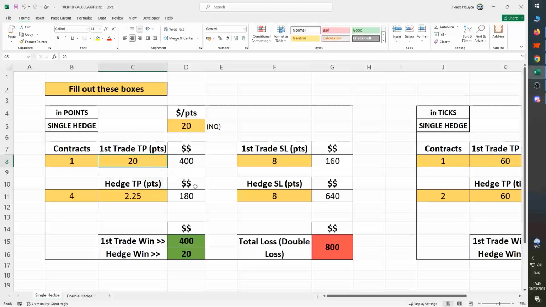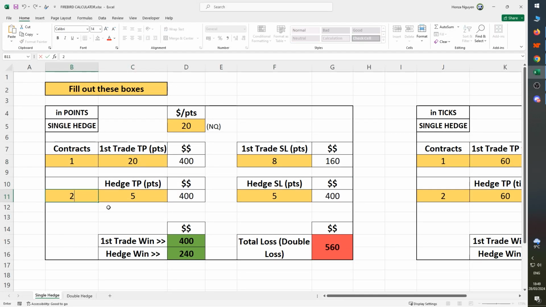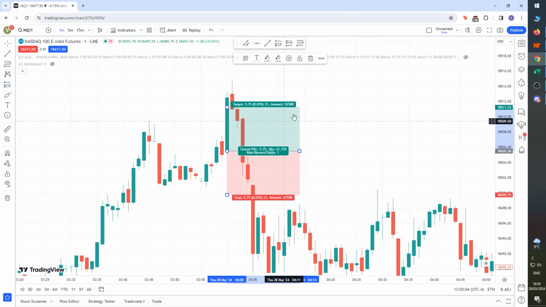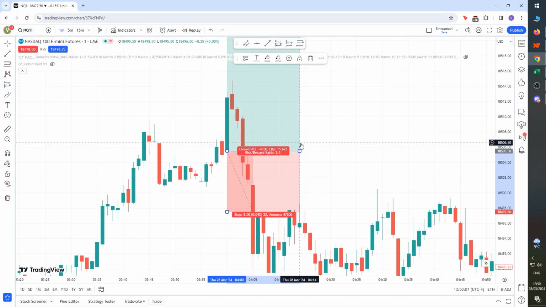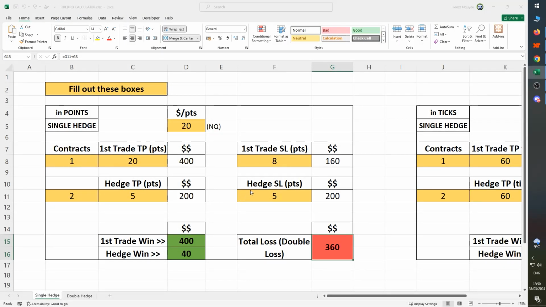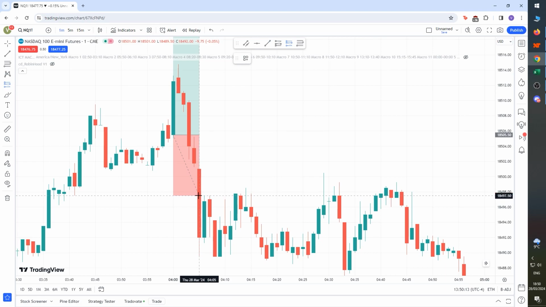On single hedge, you can bring this down a lot, something like 8 to 5. Your first trade winning 400 and your double loss is only 360, bada bing. And then hedge 5 to 5.